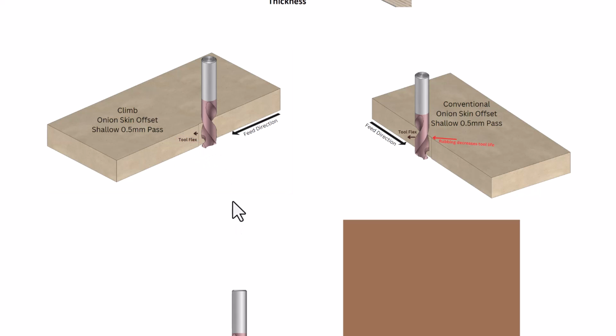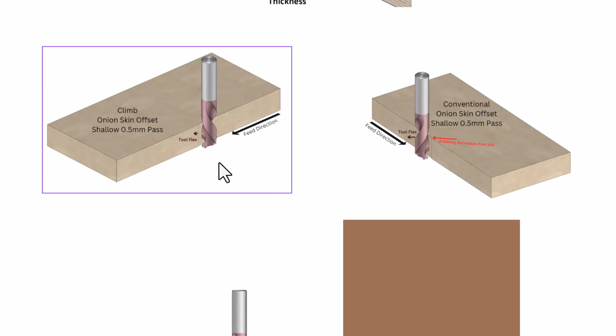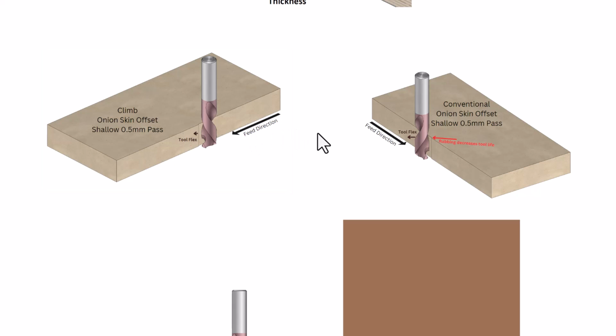It's going to help allow the tool to evacuate the chip properly. And it's just going to allow the tool to create a chip that can be evacuated. So for all those reasons, climb cutting on a shallow second pass is always going to be a better result than conventional cutting on a shallow second pass.